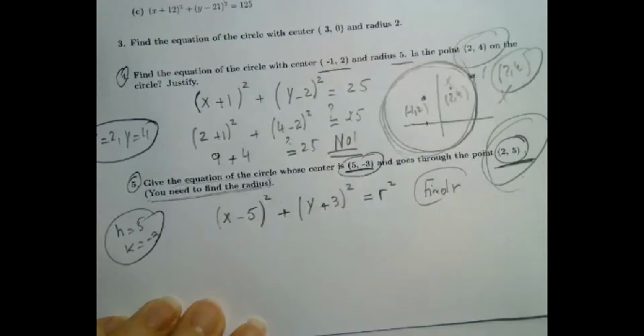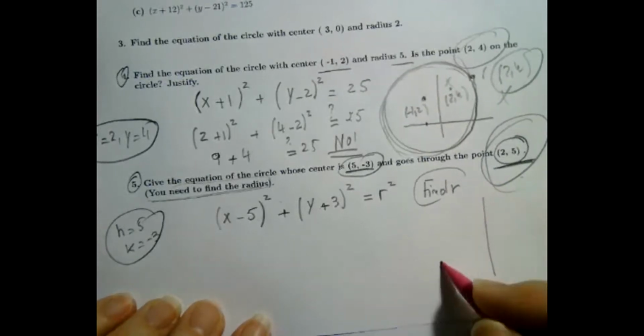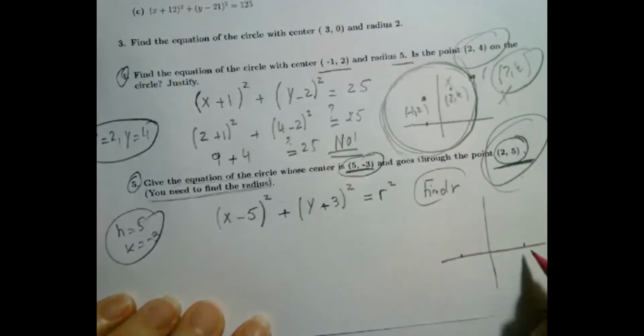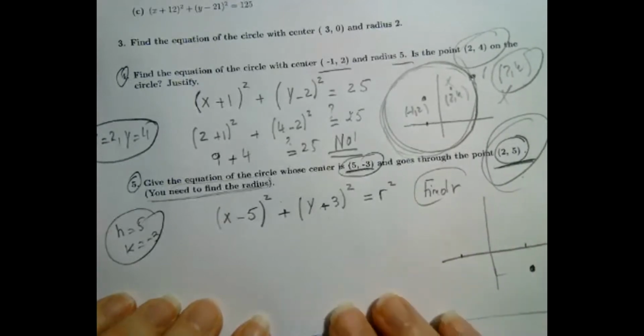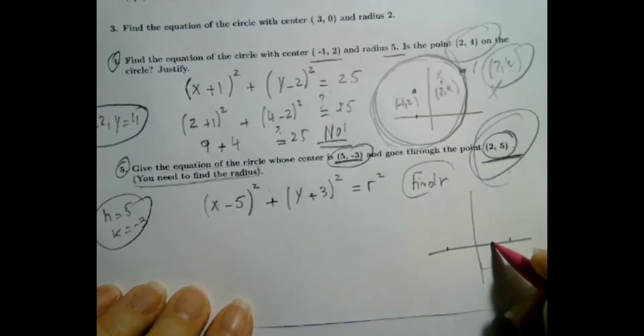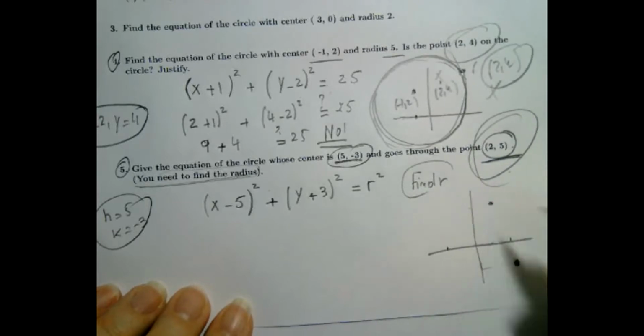Back to you guys. How can I use the information that the point 2, 5 is on the circle? So I know the center, it's 5, -3. The center is here. I don't know the radius, but I know that the point 2, 5 is on the circle.